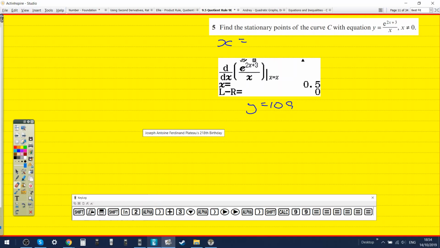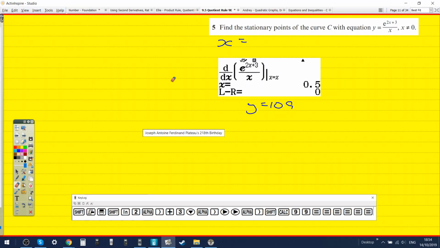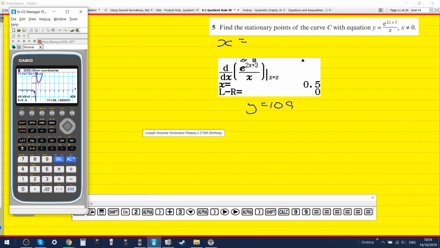So I just use graphical solve. It's e to the 2x plus 3 over x. The plus 3 is in the power.